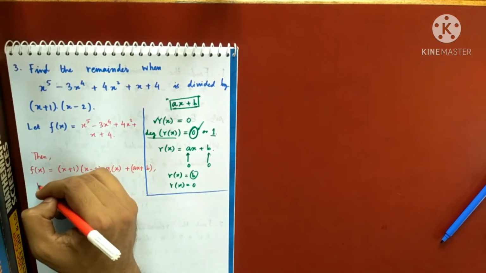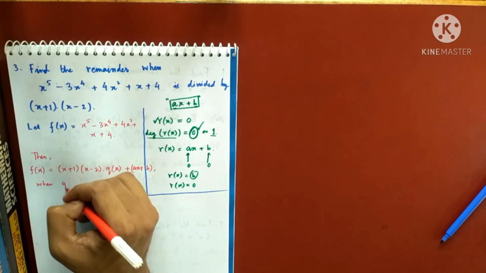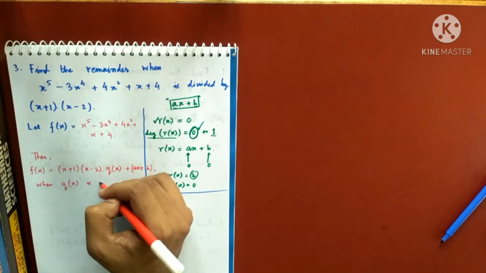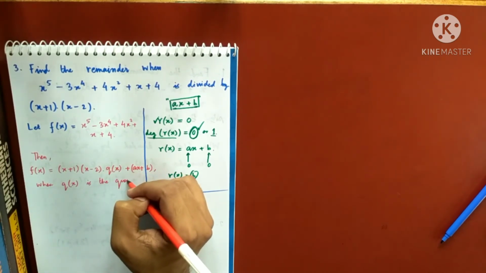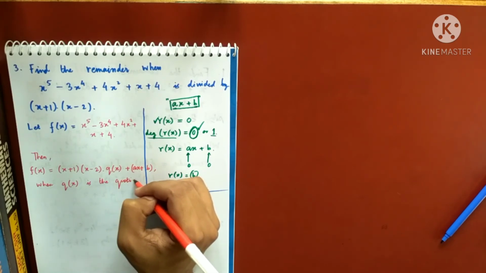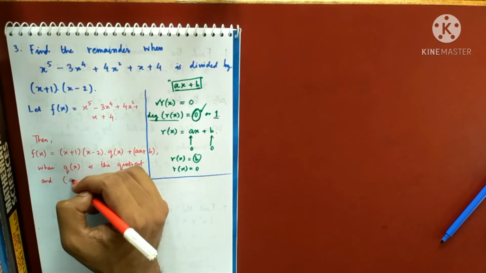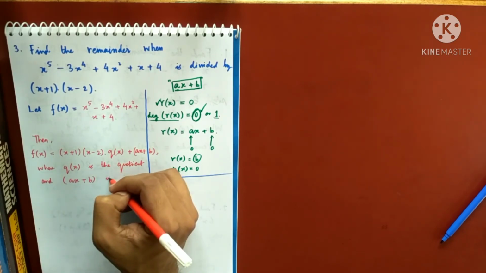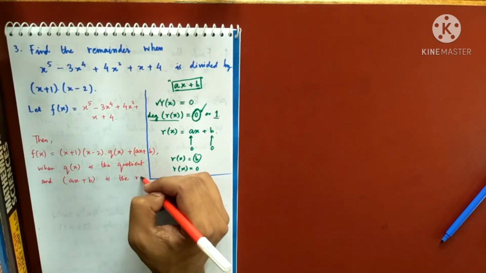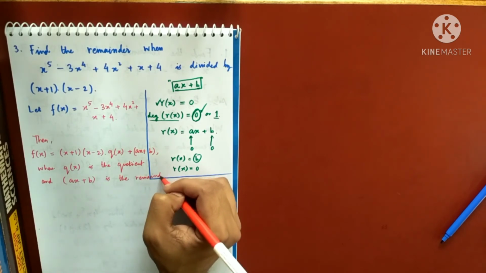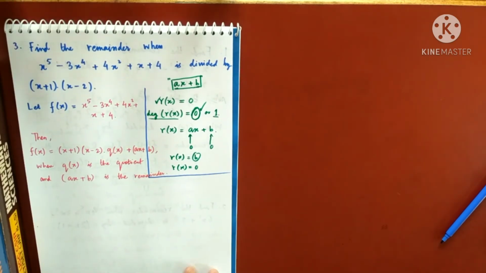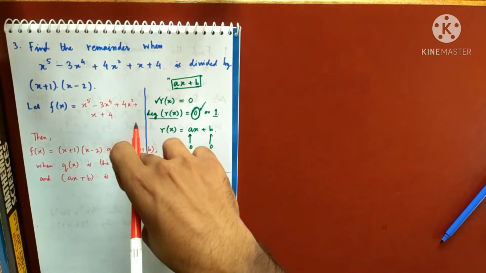I'll write it where qx is the quotient and Ax plus b is the remainder. There is a logic behind why I am assuming this as the remainder, but you can directly write it here.